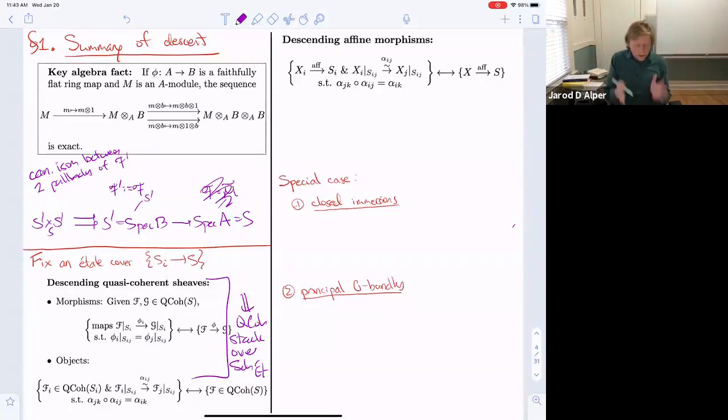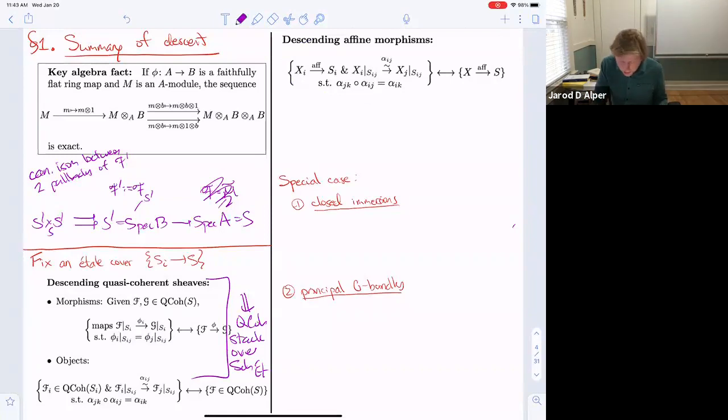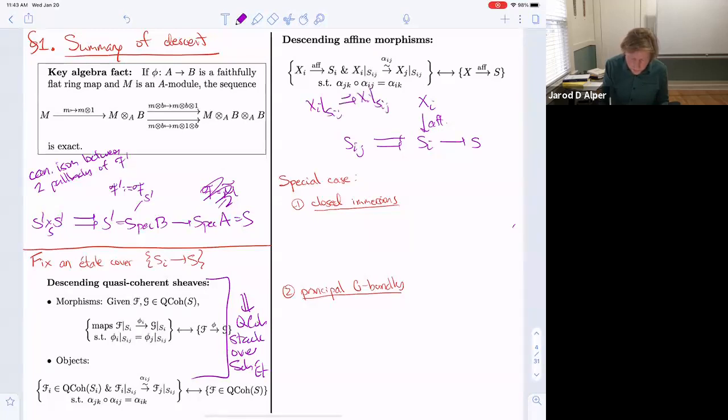And then we're going to build off this, so we can descend modules. The next statement is that we can also descend affine morphisms. Maybe here I'll draw a picture. So we have S, we have S_i, and then we have these S_ij. And here, let's suppose we have affine morphisms from X_i to S_i, and then we have isomorphisms between their restrictions. Maybe these are your alpha_ij, satisfying a cocycle condition.